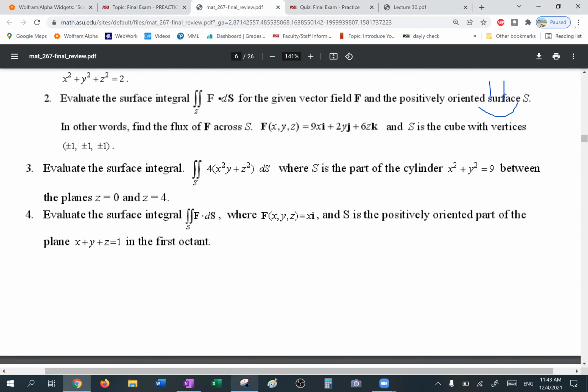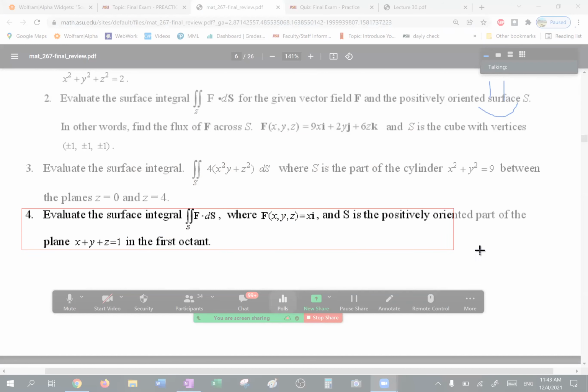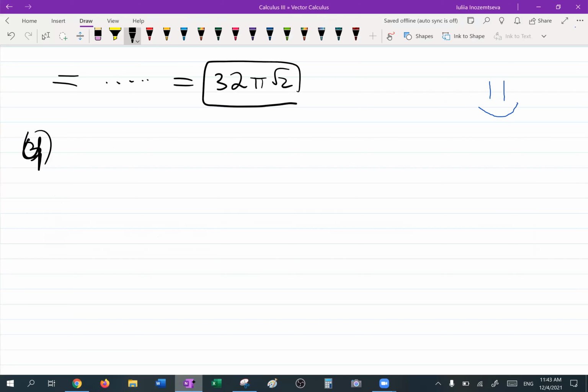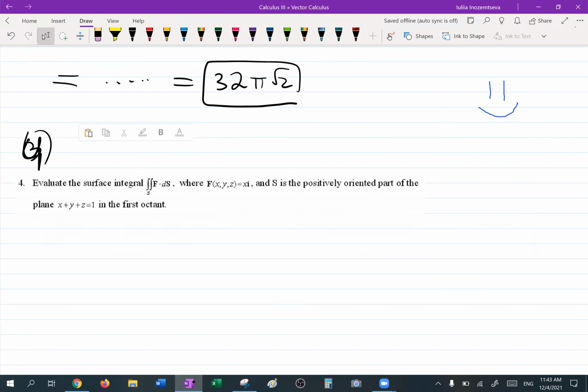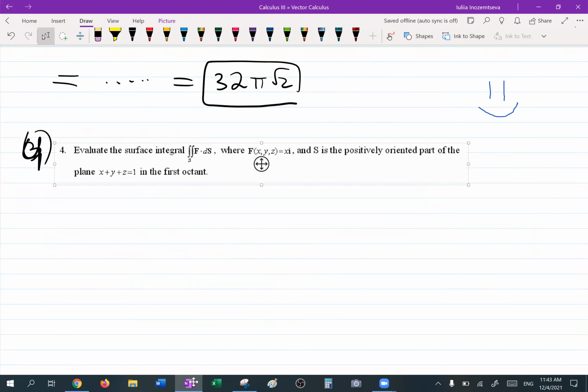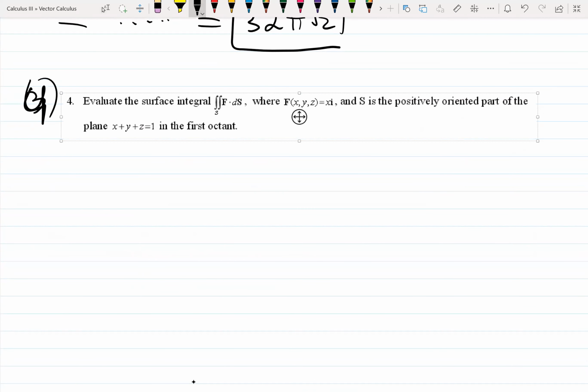So which formula to use here? The F dS formula. And why is it shorter? Let me do this. It still is a surface integral. And again, let's see, a plane. Now it's a plane in the first octant. So let's see here.